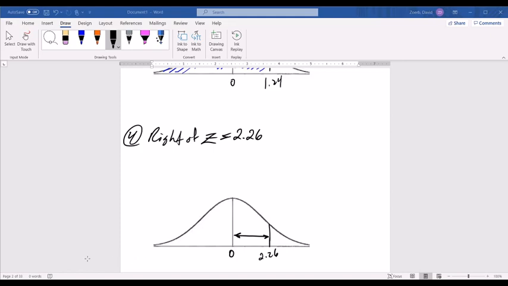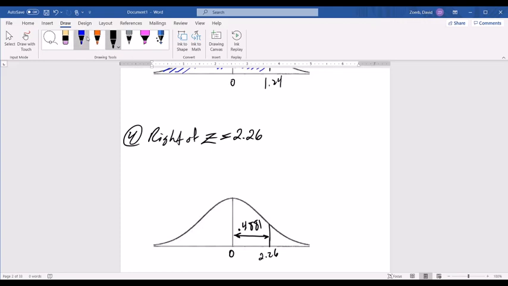So here's 2.2. Go all the way over to 0.06, and it looks like 0.4881. So 0.4881 is the area from 0 to here.